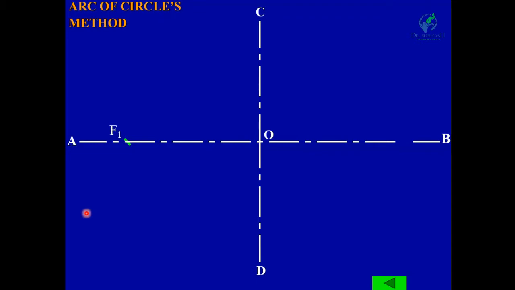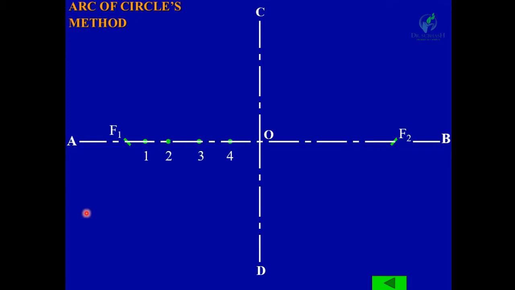Similarly, with center C and radius AO, draw an arc on the other side of CD, and you will get the other focus F2. Now mark the points 1, 2, 3 and 4 at nearly equal distances from F1 to O.